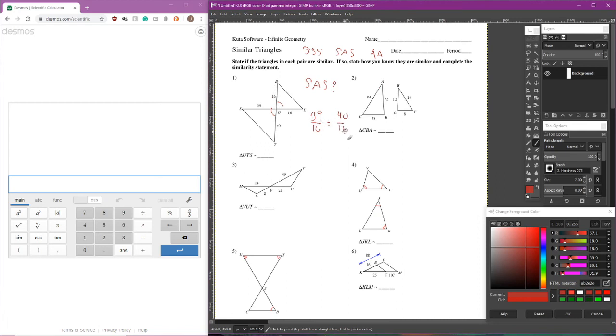Now, if we just think about it for a minute, 39 divided by 16 is not going to be the same thing as 40 divided by 16. So let's make a line right through that equal sign. We'll say it is not equal. We'll cross out that side, angle, side thought because those sides didn't work. And so you're going to write here not similar, because if you don't have all the cases working, then you don't have similarity.